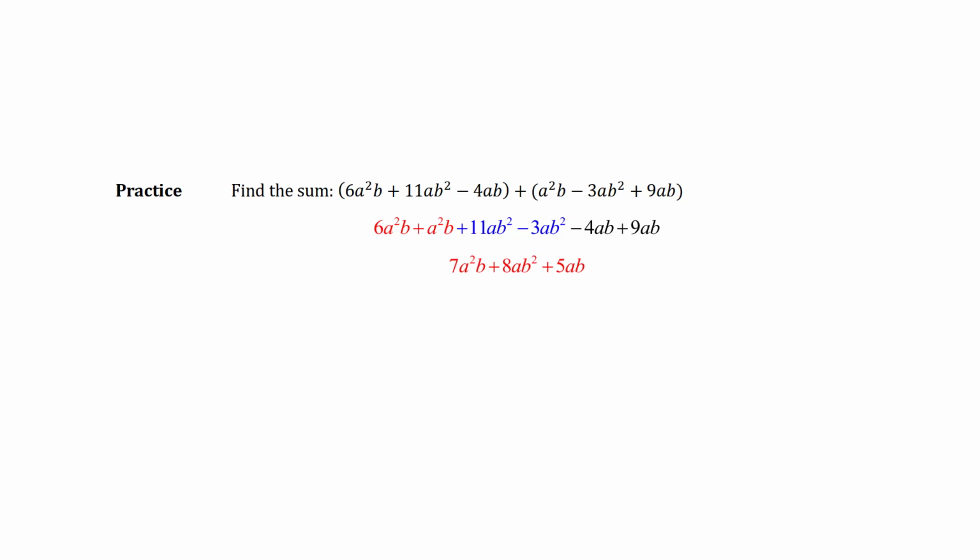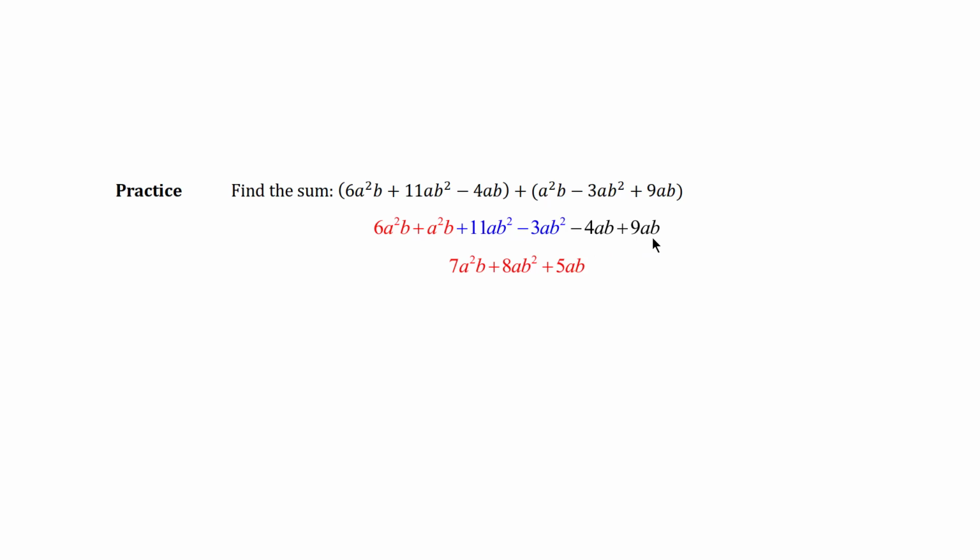Alright, so let's get started. So first I grouped together all of the like terms. We have 6a squared b plus a squared b plus 11ab squared minus 3ab squared minus 4ab plus 9ab.